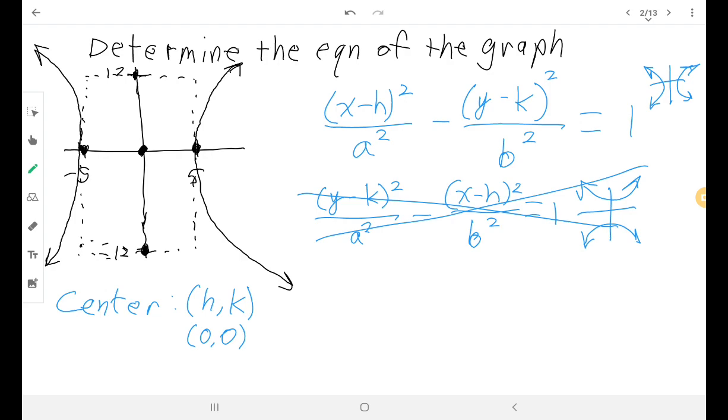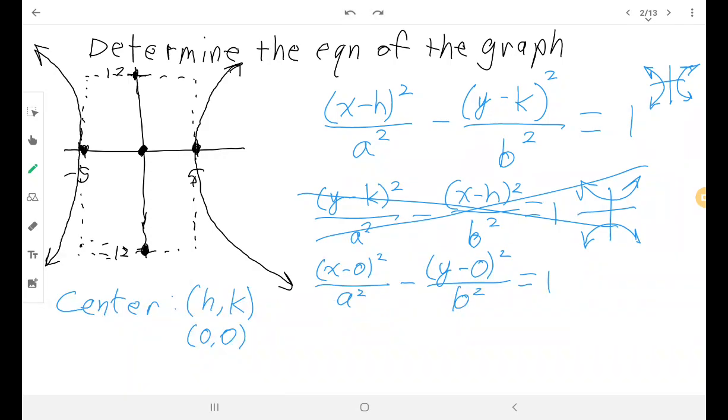So what we get is we wind up putting a 0 there and a 0 there. So we're going to have x minus 0 squared over a squared minus y minus 0 squared over b squared equals 1. And then we got to know about this a squared and b squared.